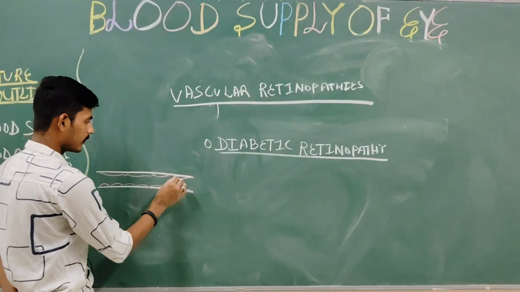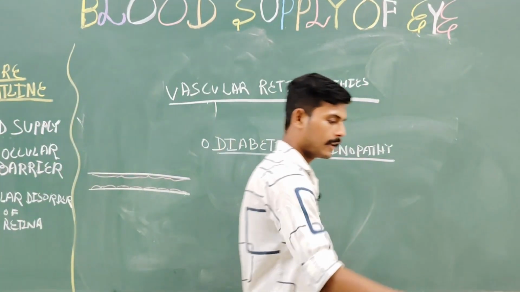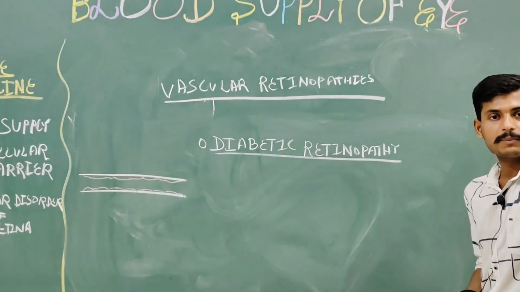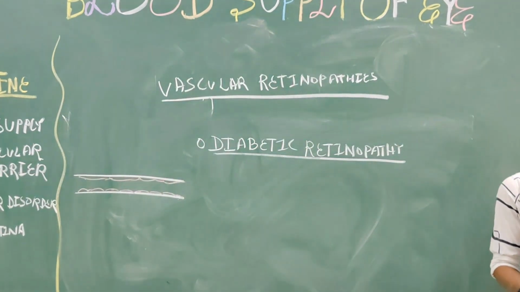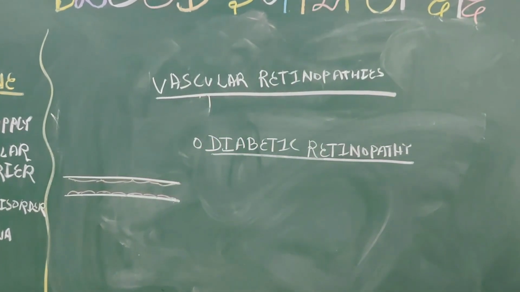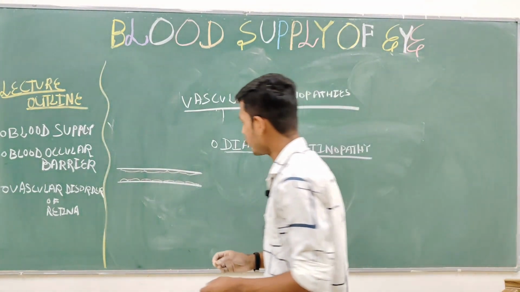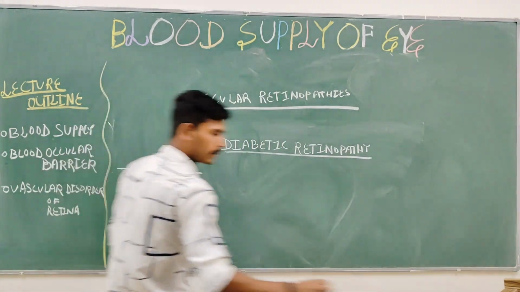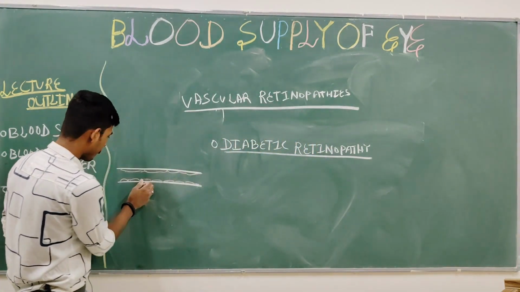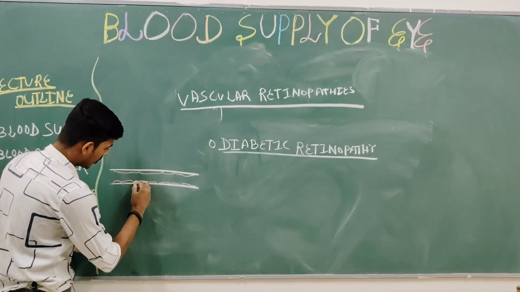Now, in poor control of diabetes, there is microaneurysm formation, which means there is a bulging structure here. See, there is a microaneurysm.